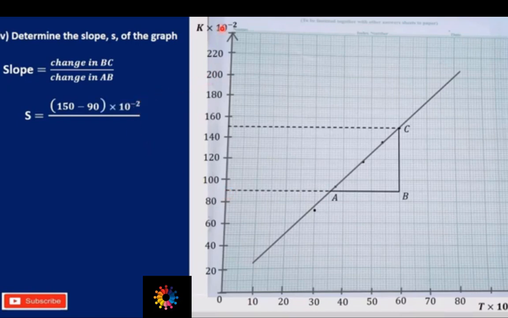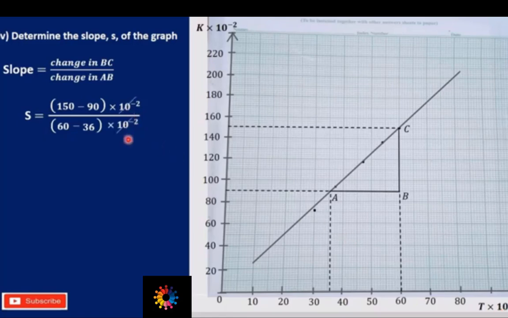Now in change in AB, we trace it to 60. B is equal to 60, while our A will be what? So 60 minus, we fall between 30 and 40, so it will be 36. So minus 36. So our slope will now be equal to 150 minus 90.